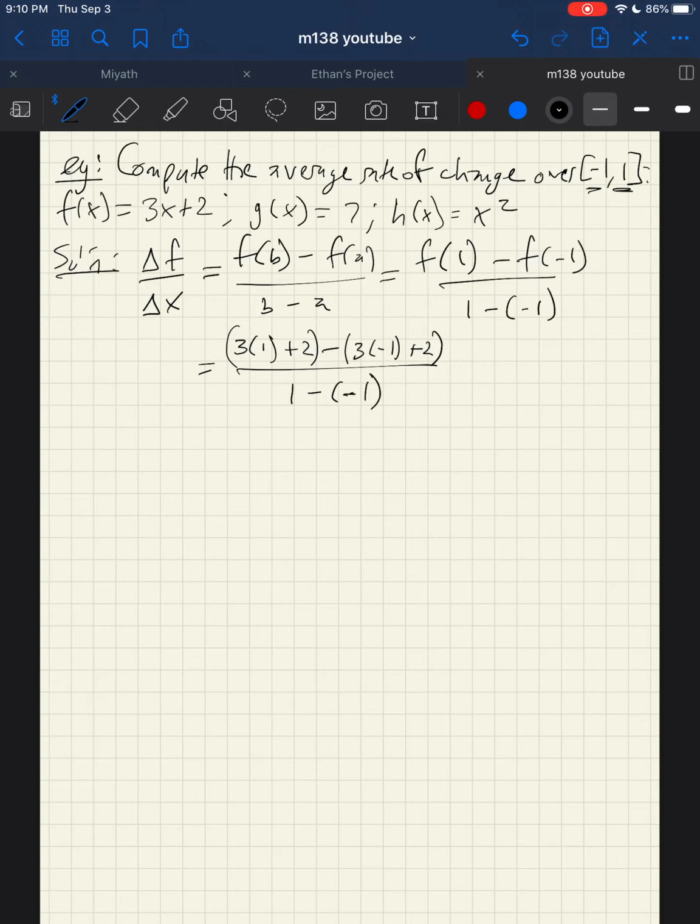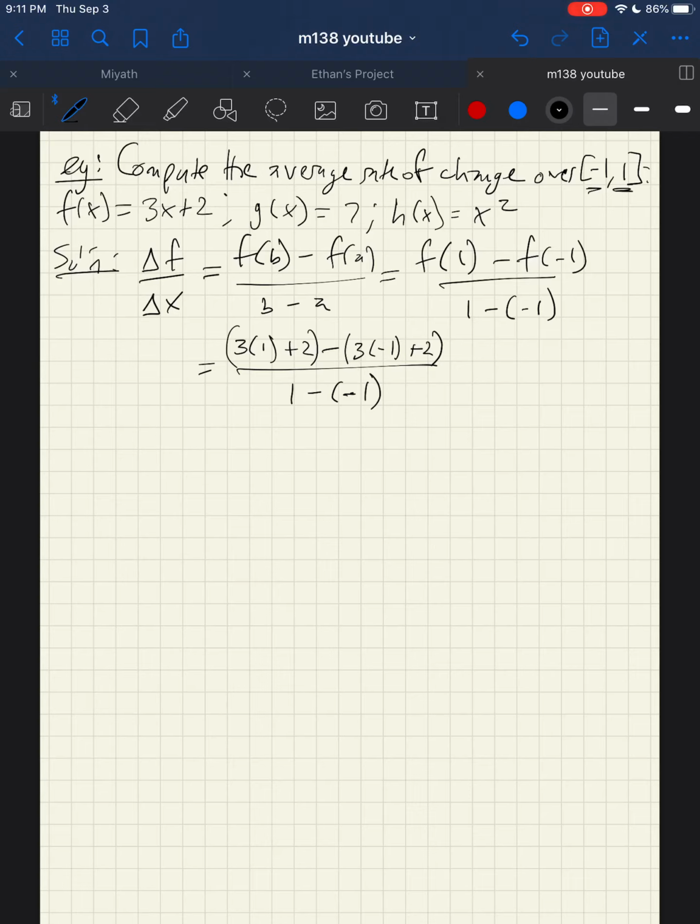Now, hopefully, there's a little bit of an echo here, and this looks a little bit like the difference quotient. This is not the same as the difference quotient exactly, but they're very closely related. So the difference quotient is the average rate of change from the interval x to x plus h, right?